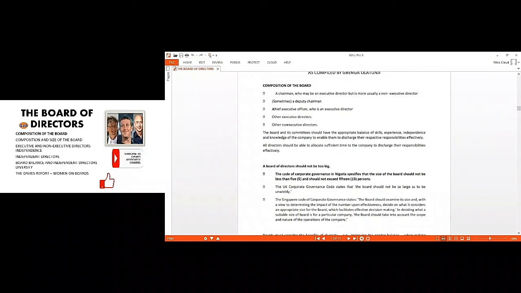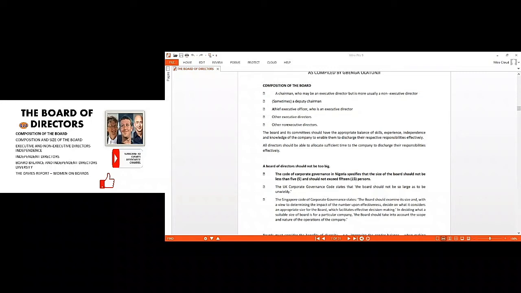The board of directors should not be too big. It is best practice that the board of directors should not be too big, so that they will be able to manage resources. As much as it is good when so many people are together, it can slow down decision making.